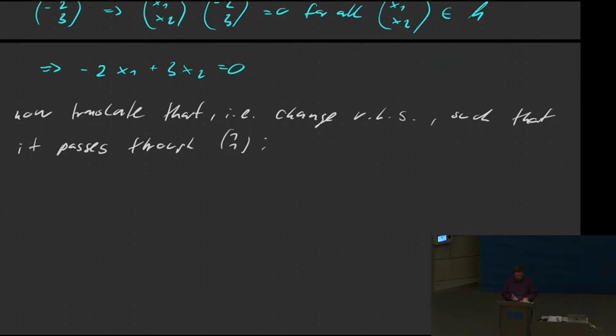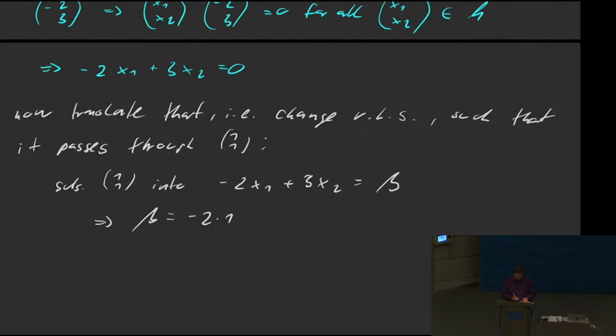Well, we just substitute 1 into that equation. Into minus 2x1 plus 3x2 equals a general right-hand side beta, and then we just solve for beta. So that's minus 2 times 1 plus 3 times 1, and that is, of course, 1.